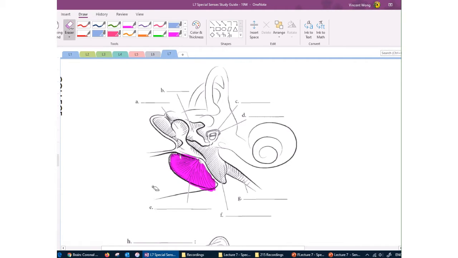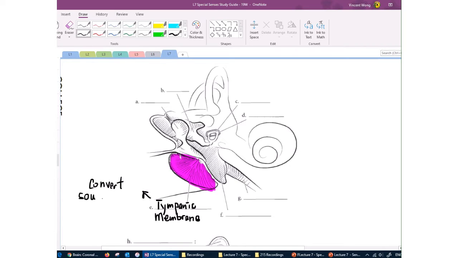So as sound strikes the tympanic membrane, it's going to move back and forth. Okay, and I can write the function for you here. Convert sound energy into movements.